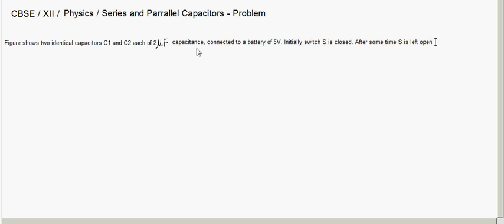and dielectric slabs of dielectric constant K equal to 5 are inserted to fill completely the space between the plates of the 2 capacitors.